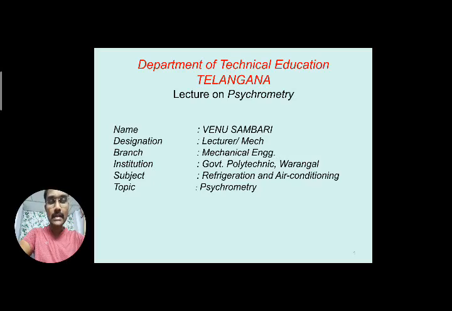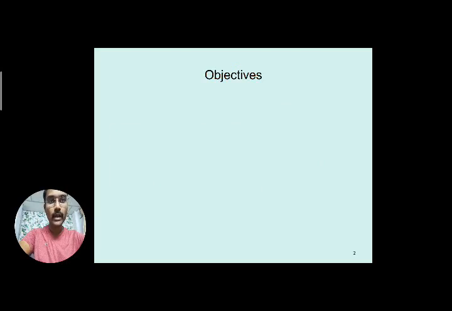Why is psychrometry useful in cooling and heating load calculations, and in heating, ventilation and air conditioning? Why is there a need to study this topic in air conditioning? So let us move into the topic.